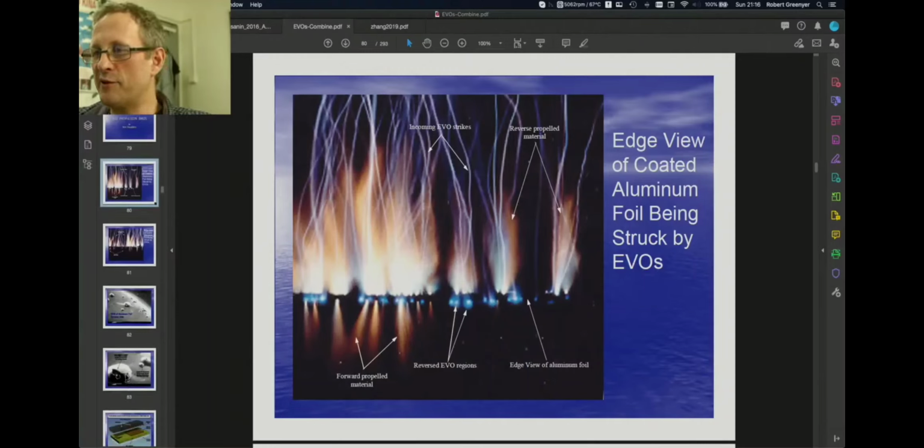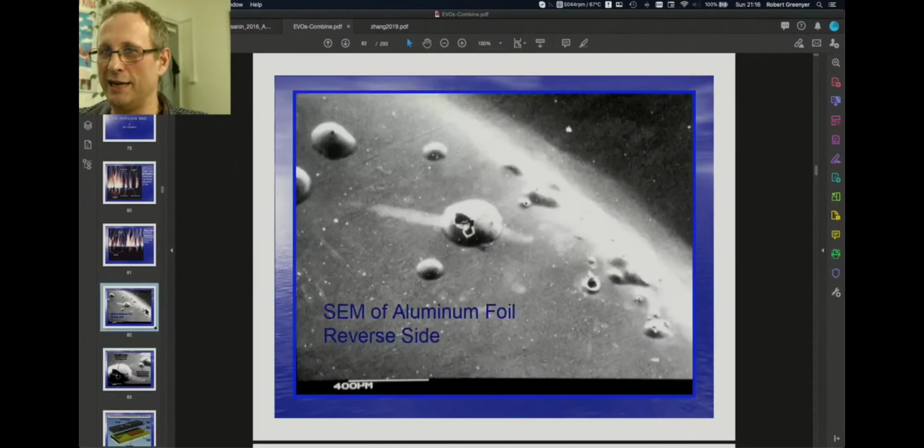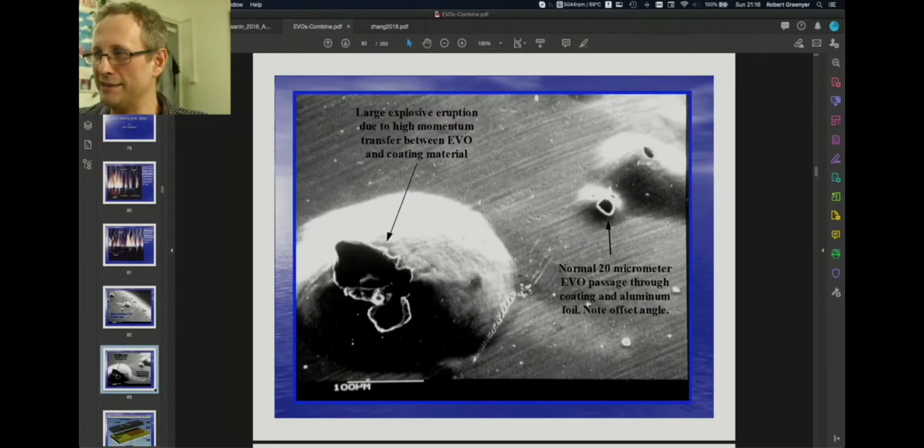Now, it's the next frame that I'm most interested in, and I'm going to give you a few seconds to guess why. It's a close-up of this area of this particular Evo exposed aluminium foil. Aluminum for you Americans there. He's got some notes on there.